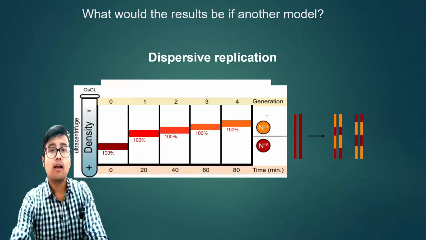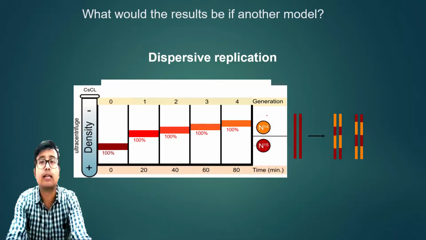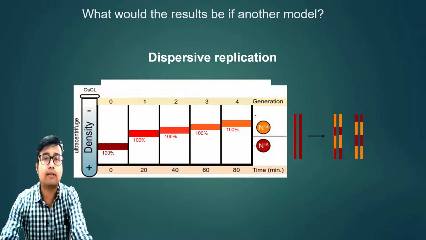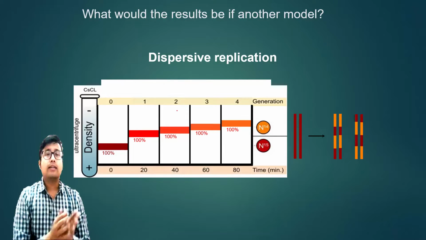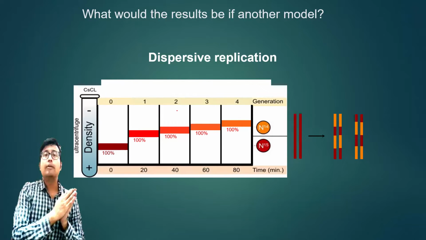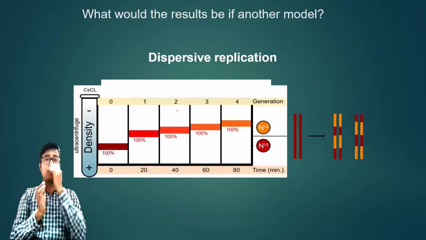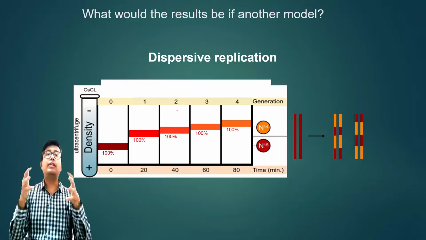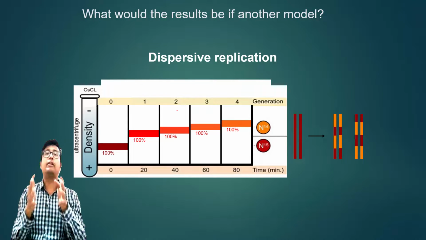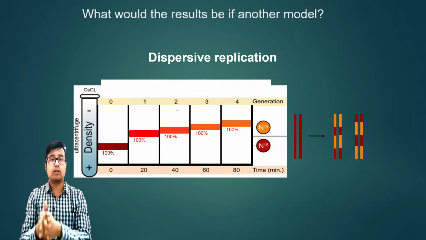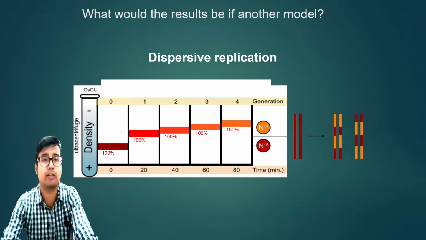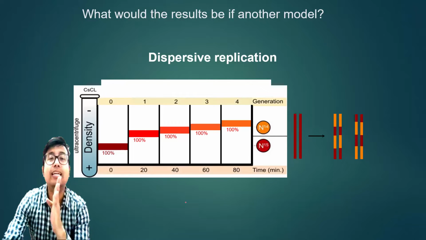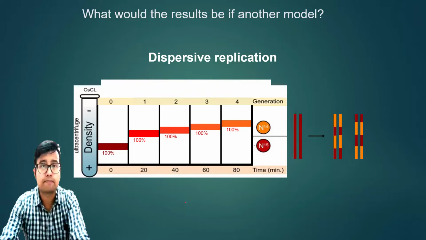Fine. What if the model is the dispersive model? In case of the dispersive model, in the next generation there will be no heavy band left, because the dispersive model suggests that both parent and daughter strands break and 50% will remain parent and 50% will remain as daughter. So at the first generation, we will get a band which is between 15 and 14.